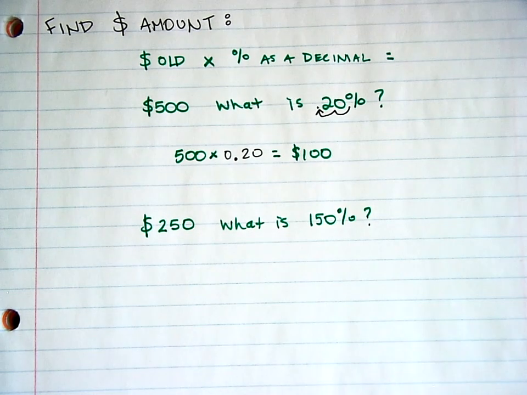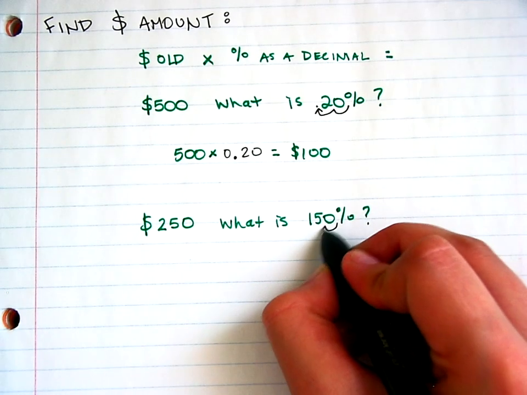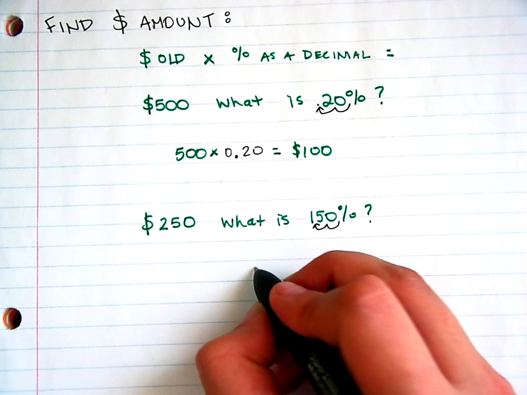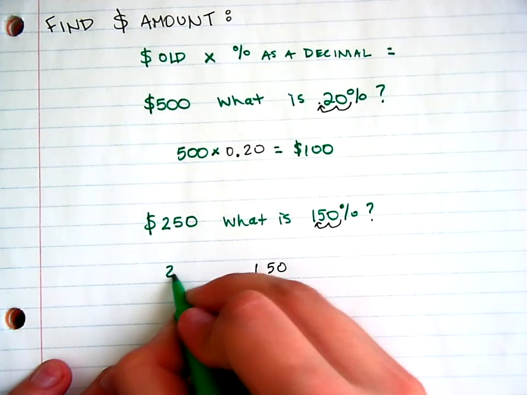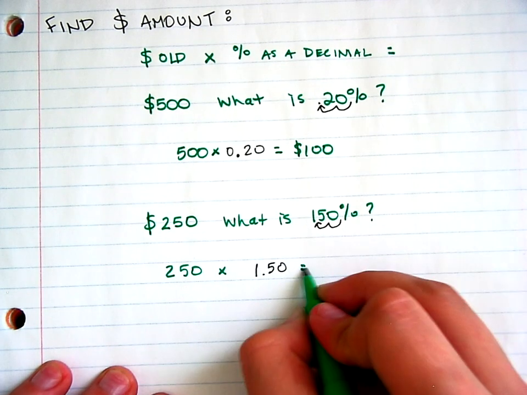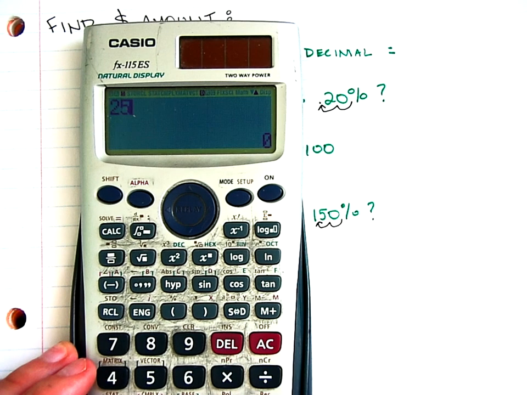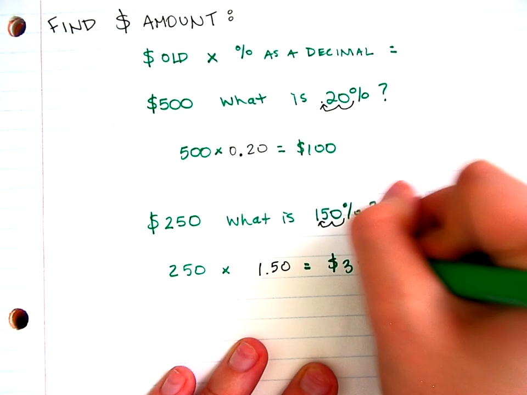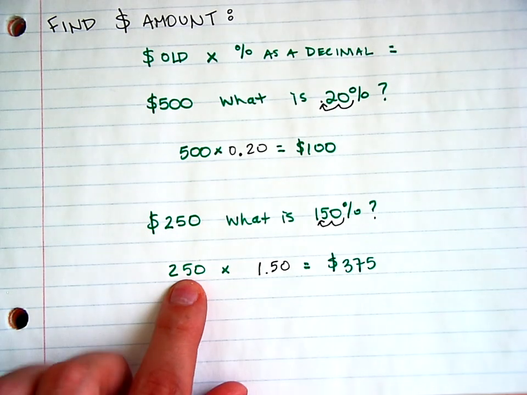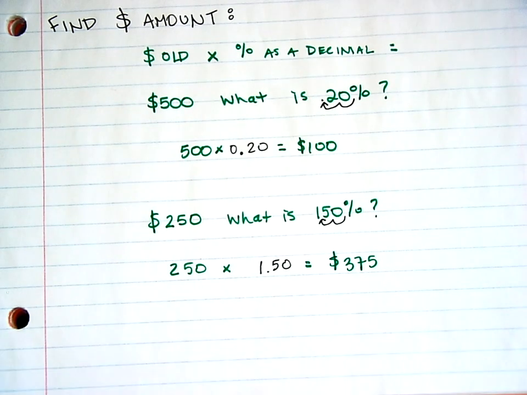Let's find the decimal. Start at the end of the number: 1, 2. So this decimal is 1.50. Don't forget, we do 250 times the percent as a decimal. 250 times 1.5 is $375. That makes sense because $375 is more than 250. It's 250 plus another 50% of that.